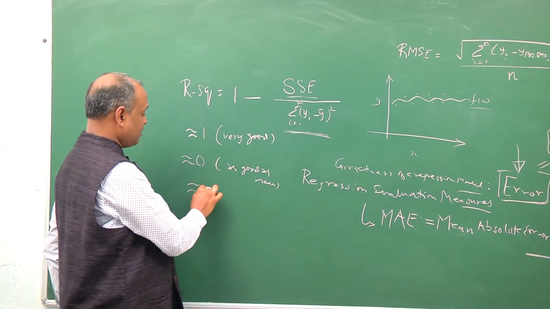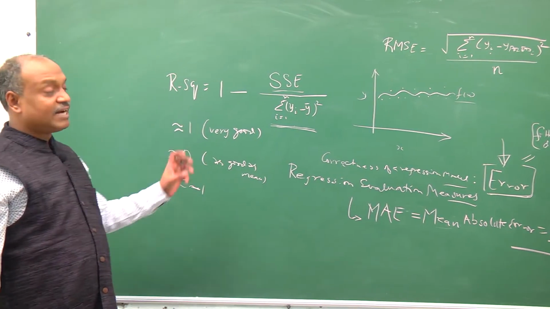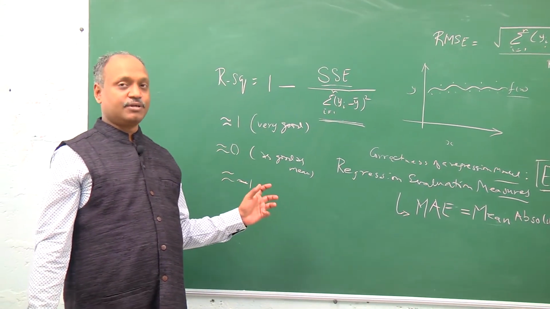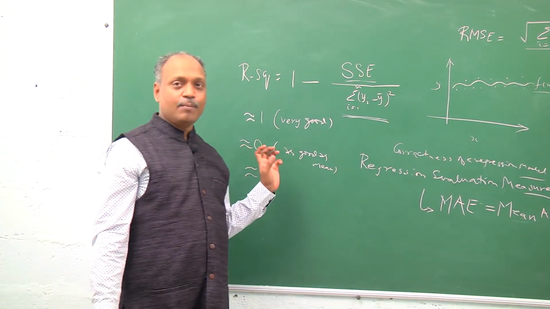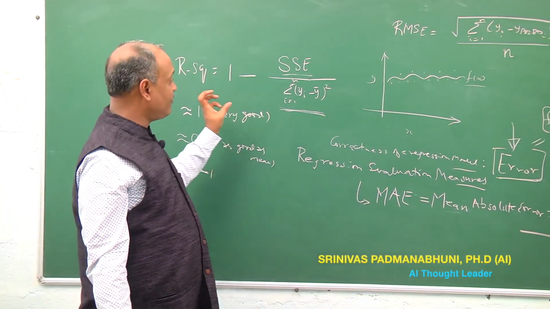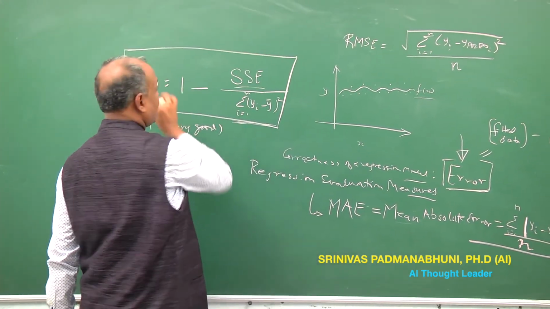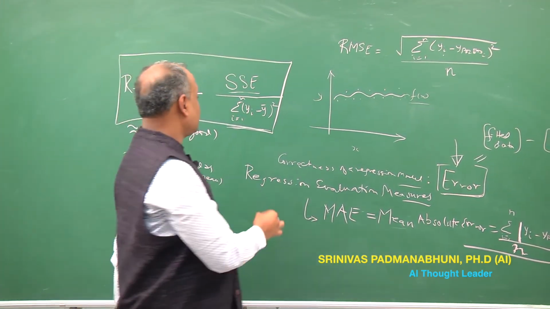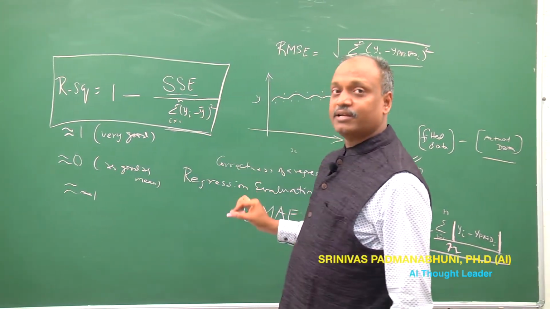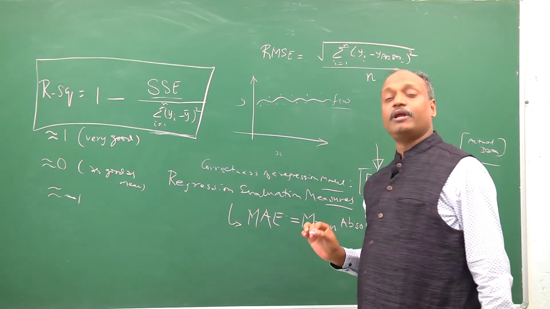If it is minus 1 or below, that means it is a bad measure. So we are talking about a specific evaluation measure which is normative, unitless, and a better indicator of how effective a regressor is compared to any unit of measure for the corresponding input variable.